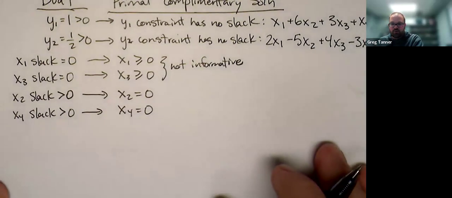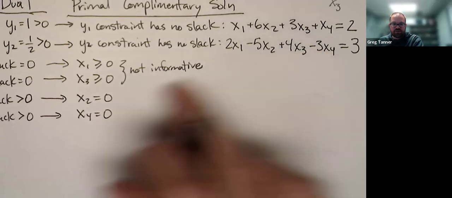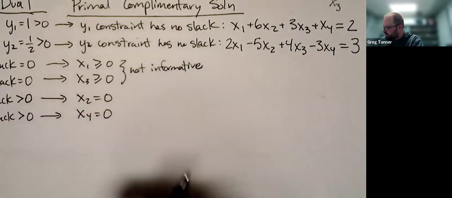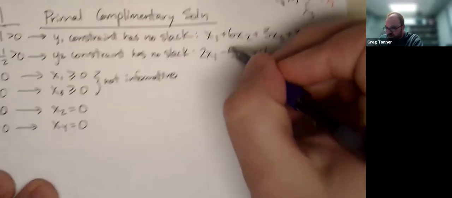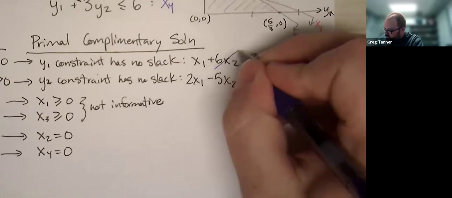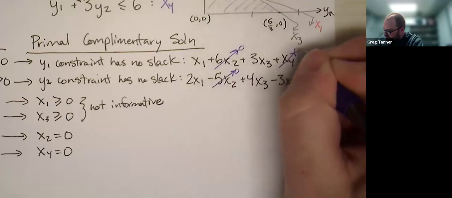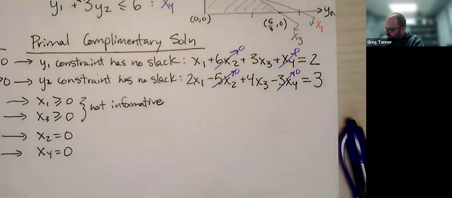Okay, and so we have four primal variables. We now have four equations. Essentially, two of them zero out two of the variables. And so that allows us to zero out x2 and x4, I can go up here and zero that out, zero that out, zero that out, and zero that out. Okay.